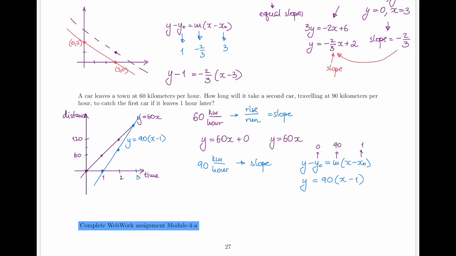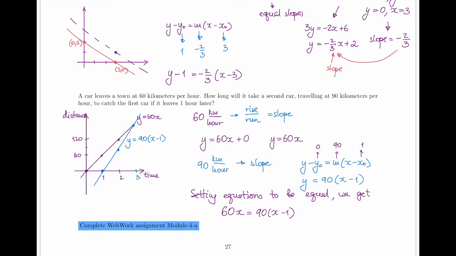Okay, so setting equations to be equal. What are we going to get? My first equation was y equals 60x. So 60x has to be equal to my second y value, which is 90 times x minus 1.